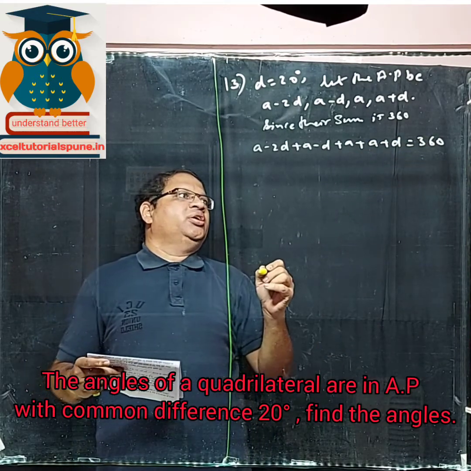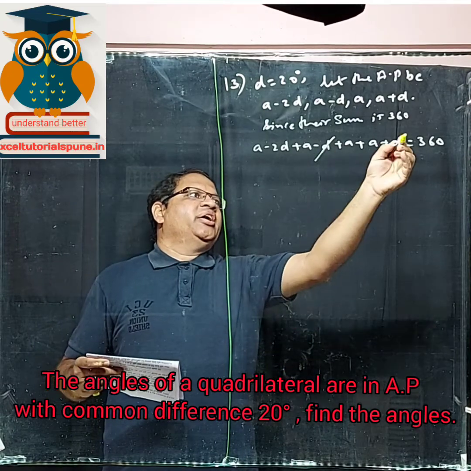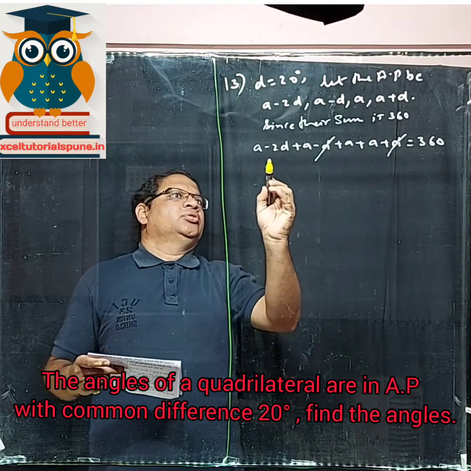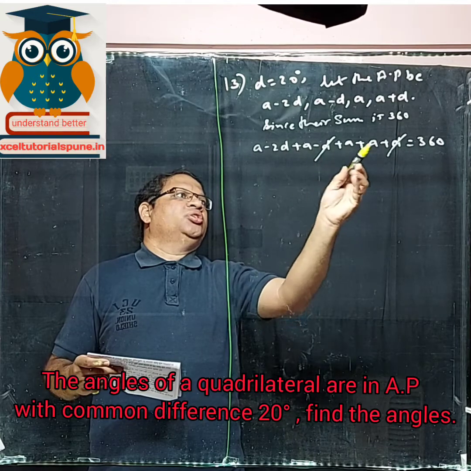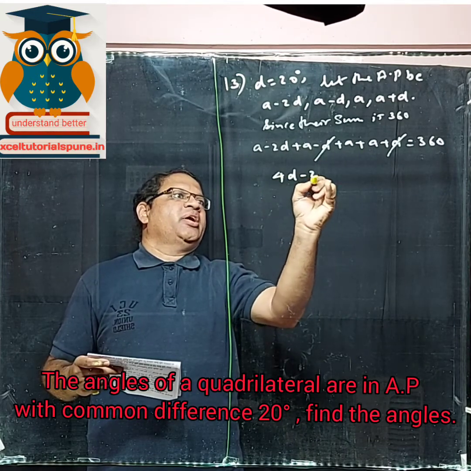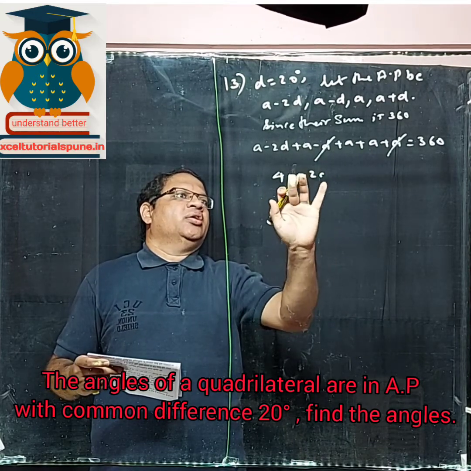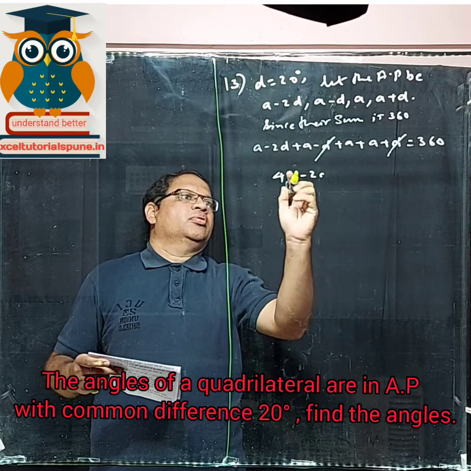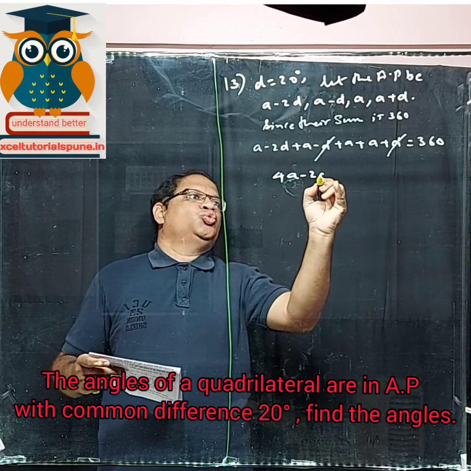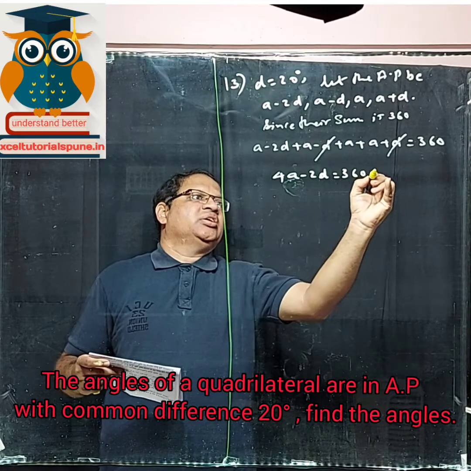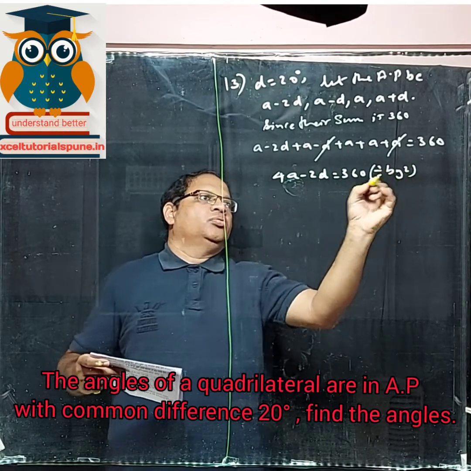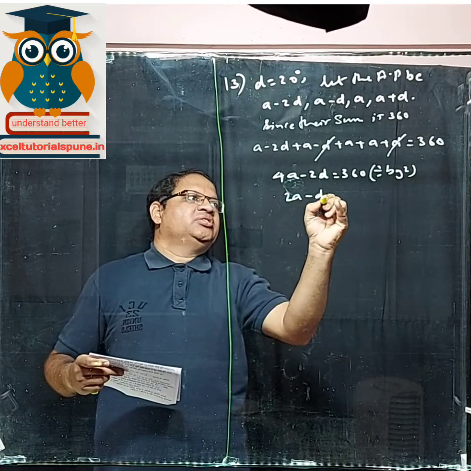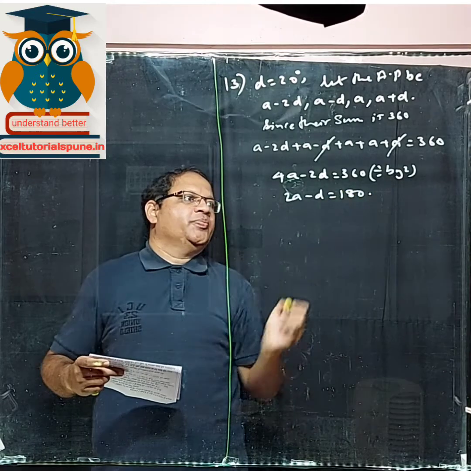So now over here d and d get cancelled. So 4a is equal to 360. Can divide by 2.